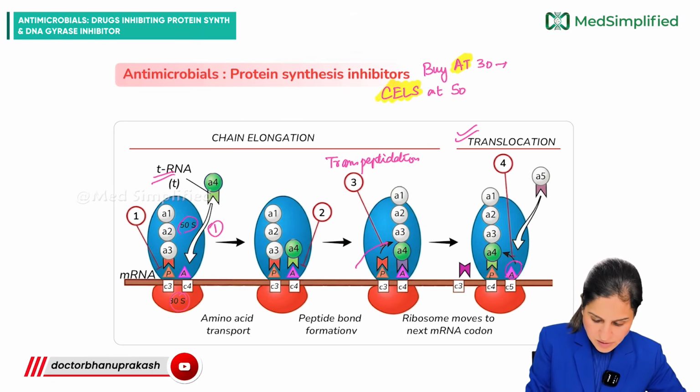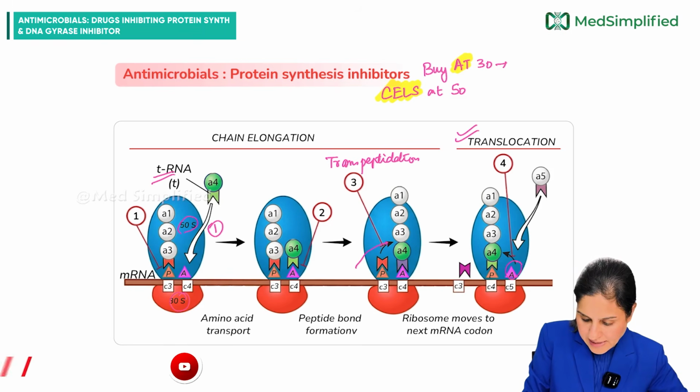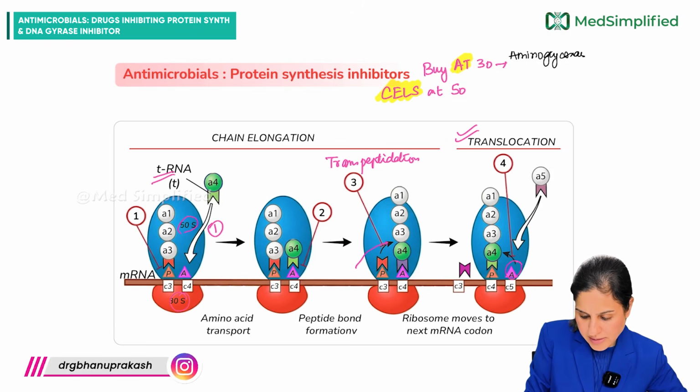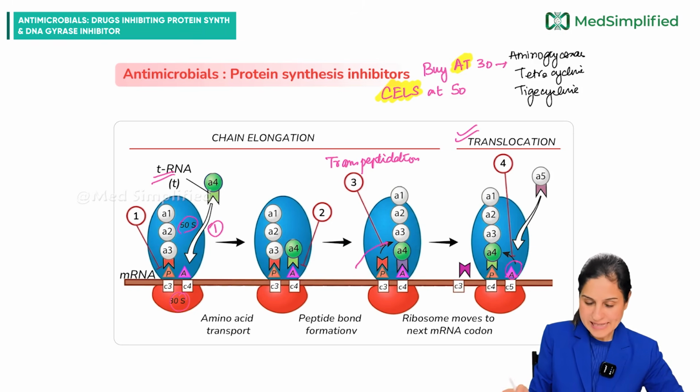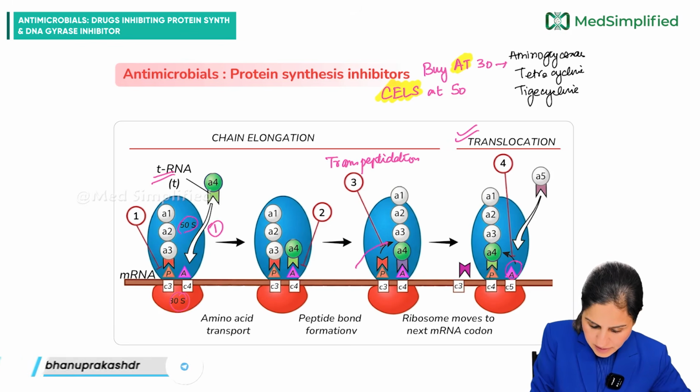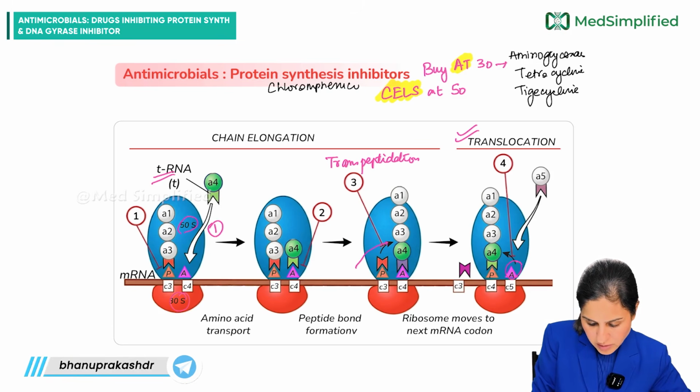So for the first AT, A stands for aminoglycosides, T stands for tetracycline, and tigecycline. From the sells here, C stands for chloramphenicol and even clindamycin.